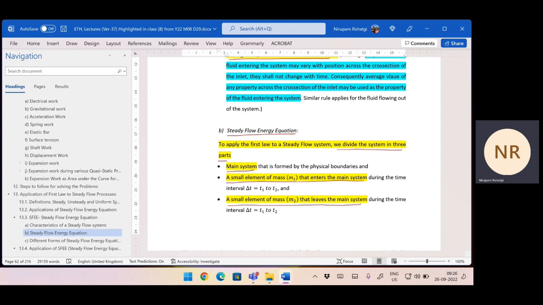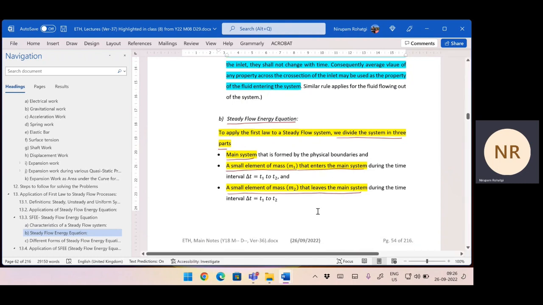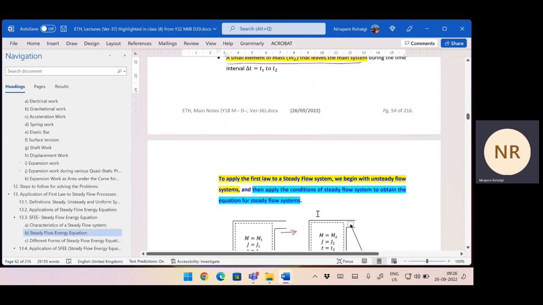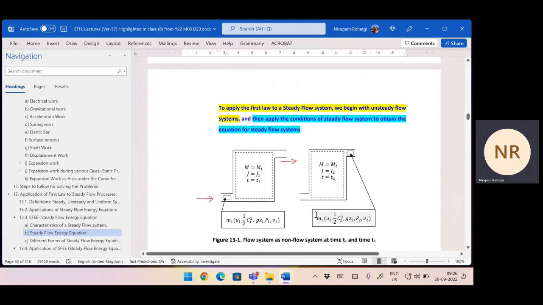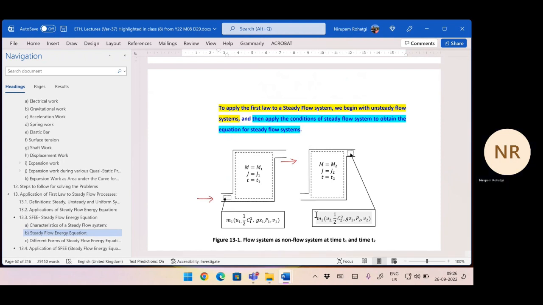Now let us come back to the diagram again. If you see here, there are three parts. On the left side, it is the beginning of the system at T1, and the right side is the state of the system at T2.